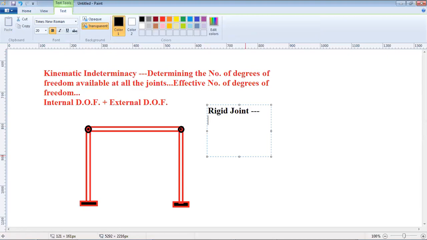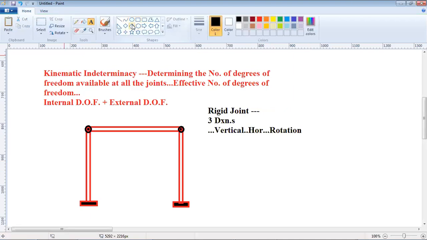It has degrees of freedom in three directions. One is vertical, second is horizontal, third one is rotation. That's the property of a 2D rigid joint. So it has 3 degrees of freedom.